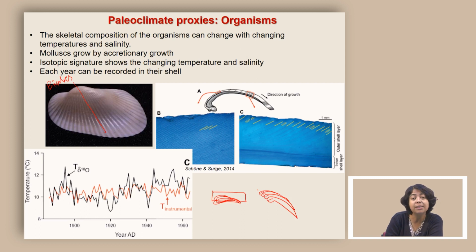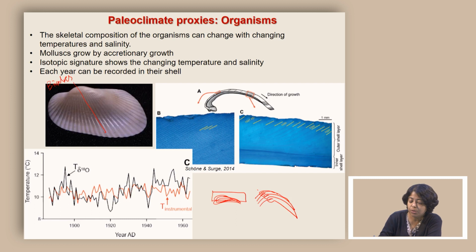Now, how long does it take for them to grow like this? People have studied modern bivalves and have found that some of them actually grow annually. Because of their annual growth, you can find a yearly record of this kind of growth. Now, can we go even further?